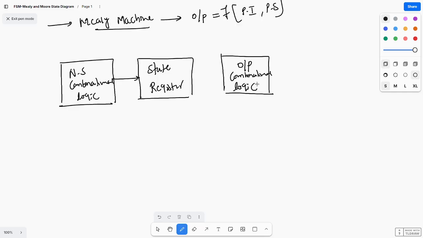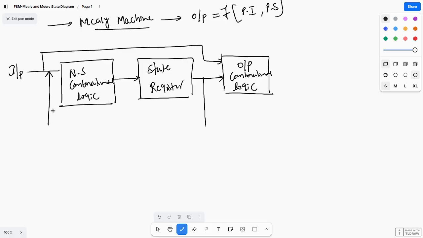Here you have the input. This input is connected to the output combinational logic, and this one will be fed back to the input. And for the state register you have a clock.